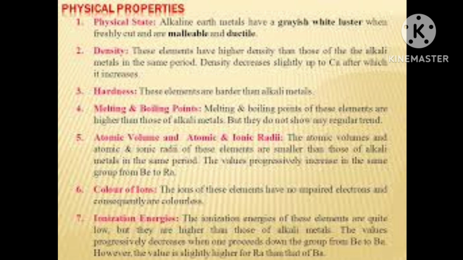Okay, then I have told you about these physical properties. Little more I want to tell about two properties. Because the question is asked, that's why I am highlighting ionization enthalpy and hydration enthalpy. First, I want to tell a little more about the ionization enthalpy of group 2 elements.